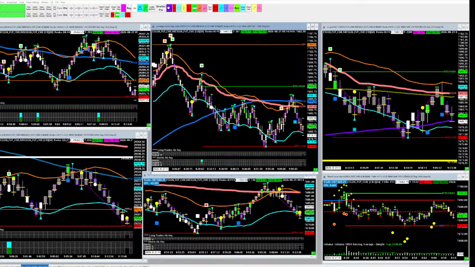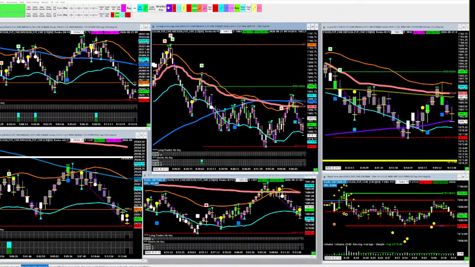New low of the day. Below the 100 period moving average and VWAP. And ES not hitting the new low of the day.